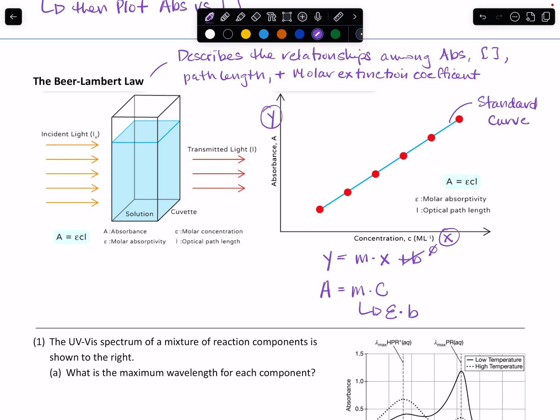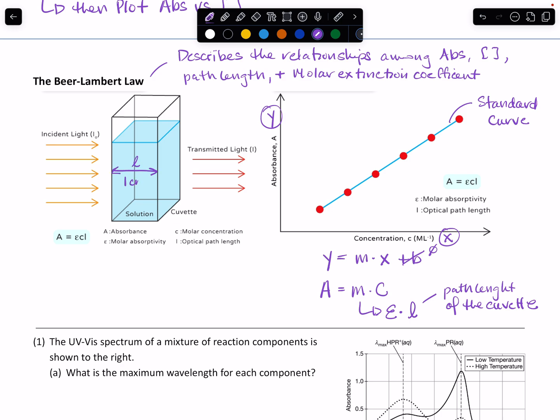I don't love that they use L, but I'll use L. All right. Now the path length is of the cuvette. So over here, you can see here would be our path length.